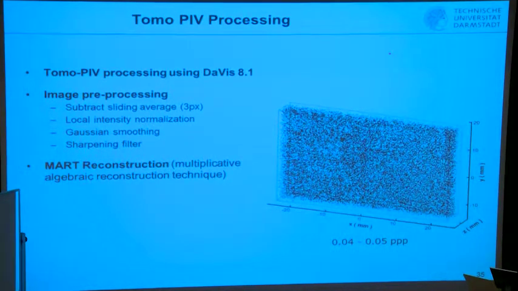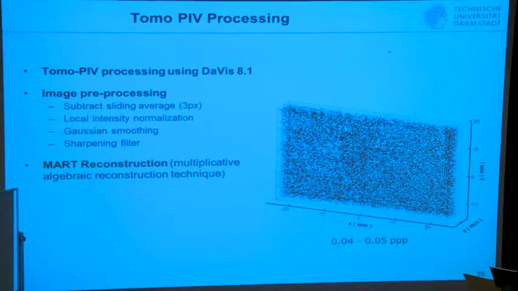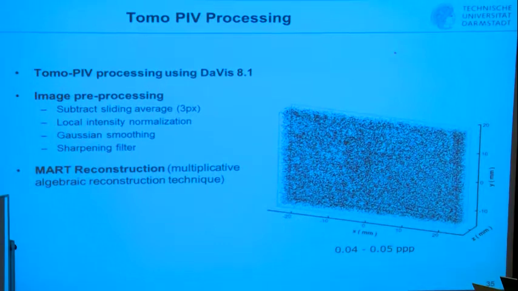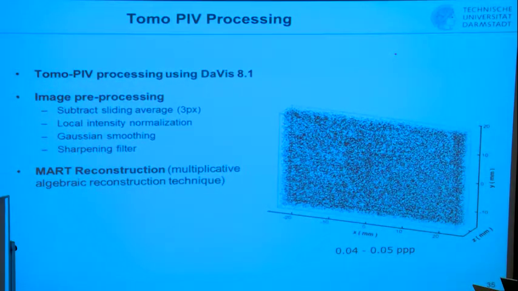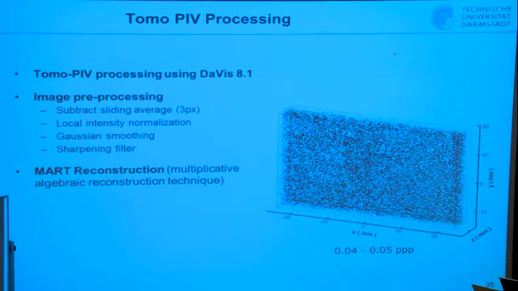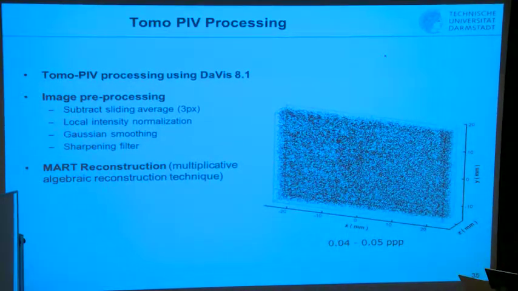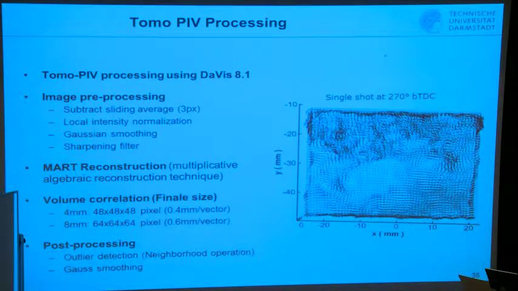Then you need a reconstruction where the particles are located in the volume. And this is done here with a MART reconstruction, where you have now a reasonable estimate for the first exposure of where the particles actually are. And then you do that with the second image, or the second volume, as well.